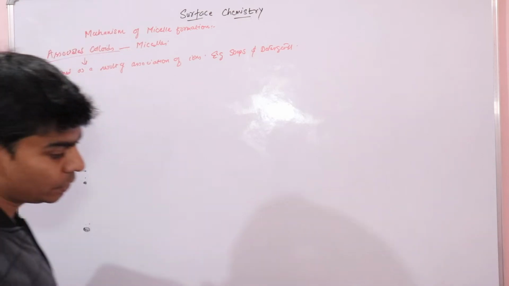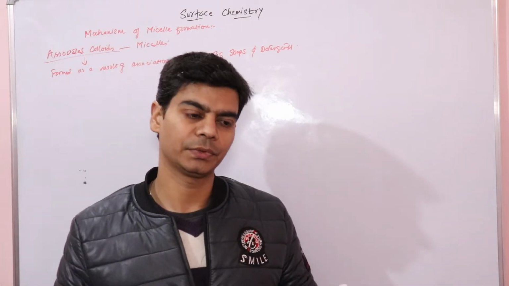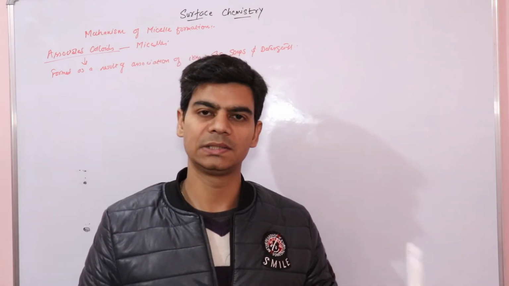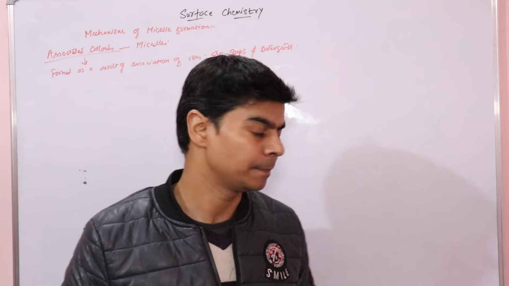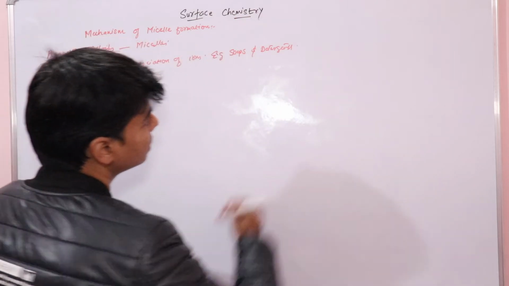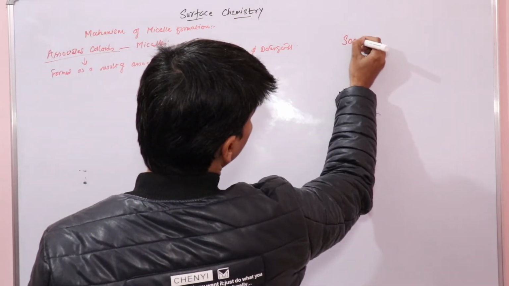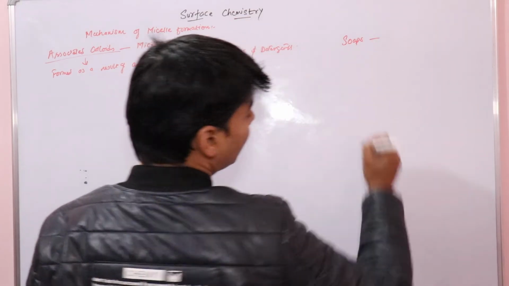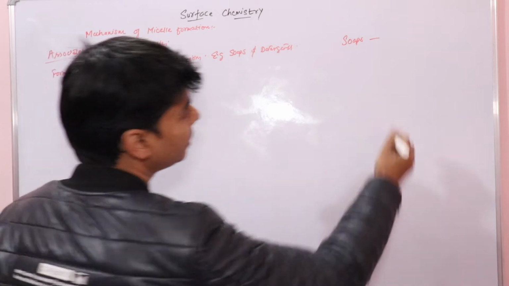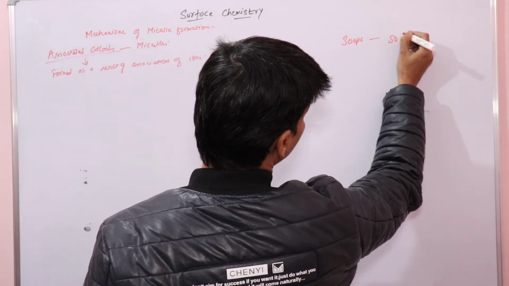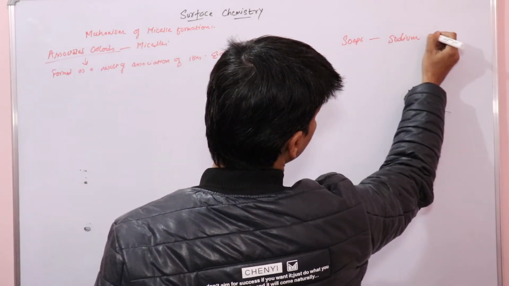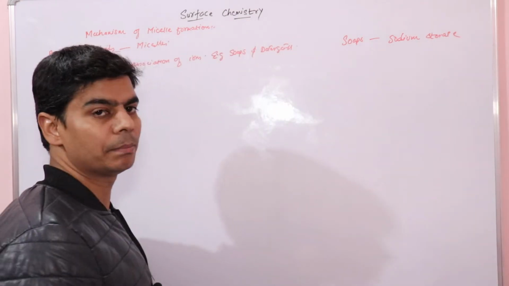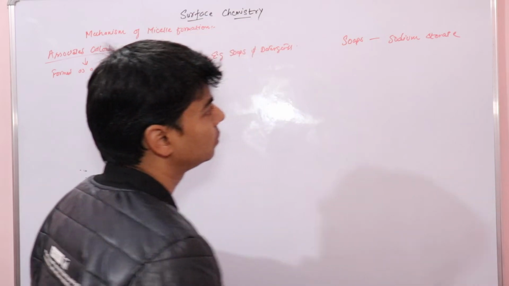Soaps are sodium salts of higher fatty acids. Higher fatty acids are stearic acid and palmitic acid. Let's take the chemical formula of sodium stearate, which is a soap. The other example is sodium palmitate, which is also a soap.